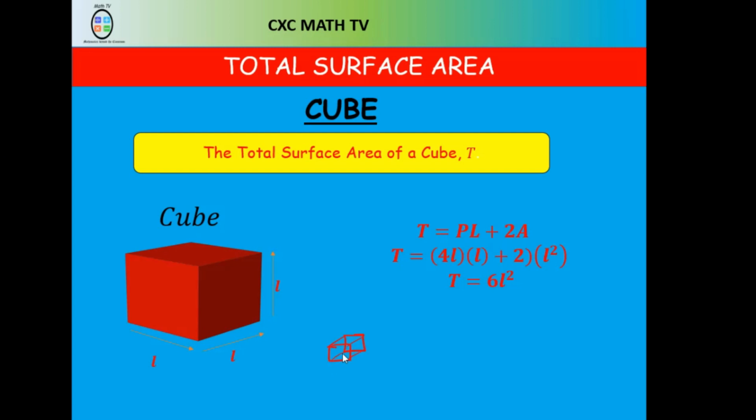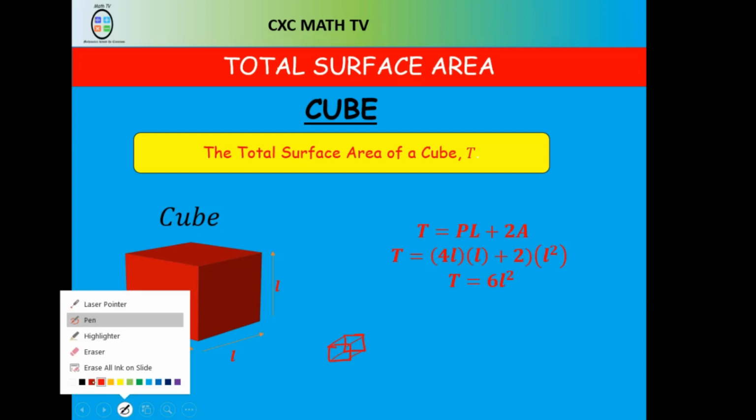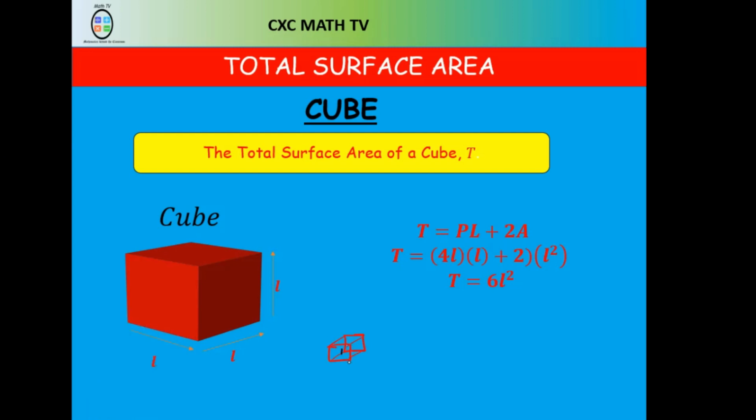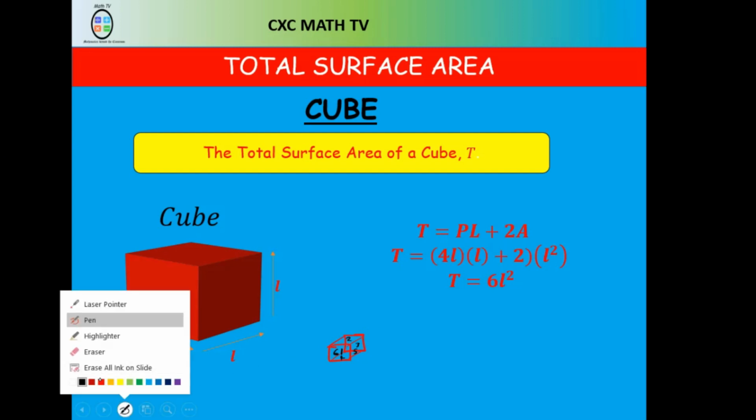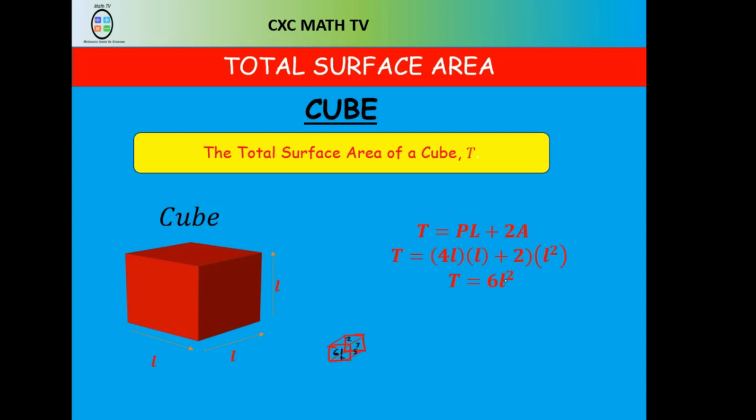So your cube has 6 faces, just like a die. When you have a dice, maybe the number right here is 1, 2, at the back 3, at the bottom 4, to the left side 5, and at the next side 6. This is your dice. It has 6 sides, but all the sides are equal in length. So the total surface area for a cube really just works out to be 6 times L squared.